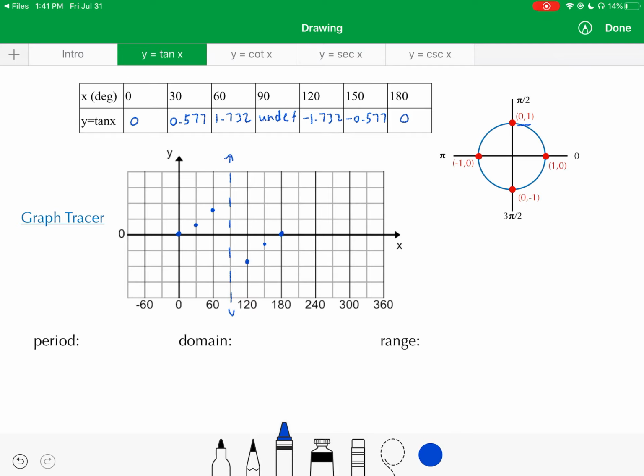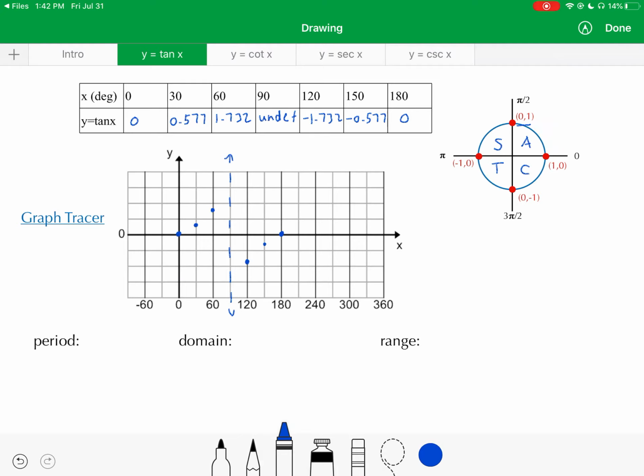I can reason out further points just by making some observations here. Consider all students take calculus. In the first quadrant, notice that the 3 points that I plotted at angle measures of 0, 30, and 60 degrees all are above the x-axis, meaning they have positive y values.